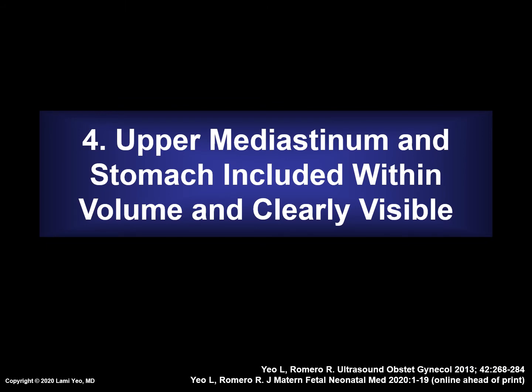The fourth STICLoop criteria is that the upper mediastinum and stomach should be included within the STIC volume and clearly visible. If it is not, FINE at a minimum will not be able to generate and display the 3 vessels and trachea view and stomach because they are simply not contained within the volume.